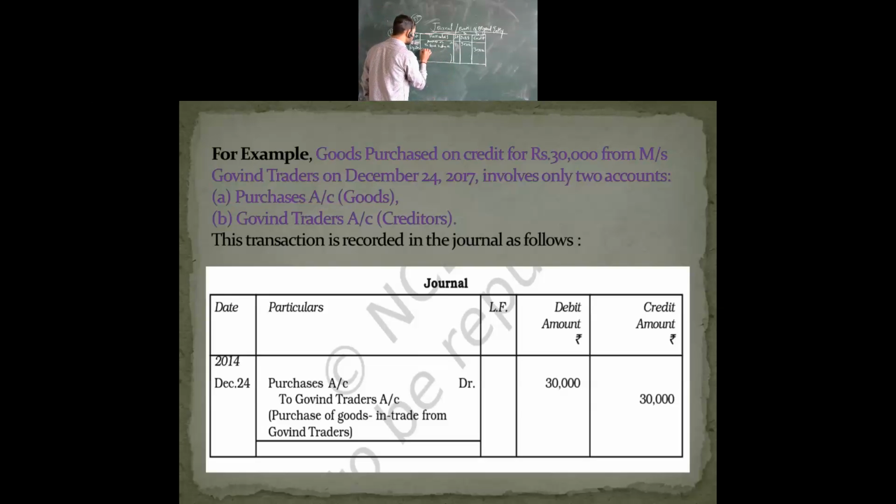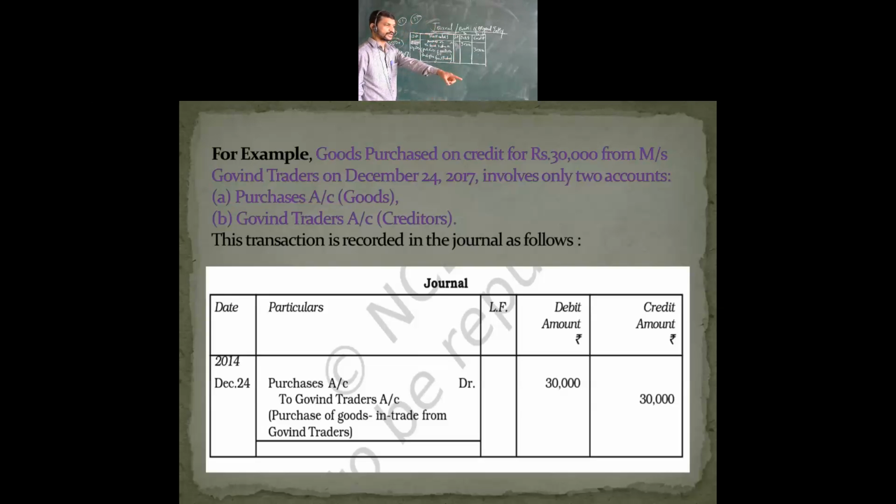The narration is: Purchase of goods in trade from Govind Traders. That's it.